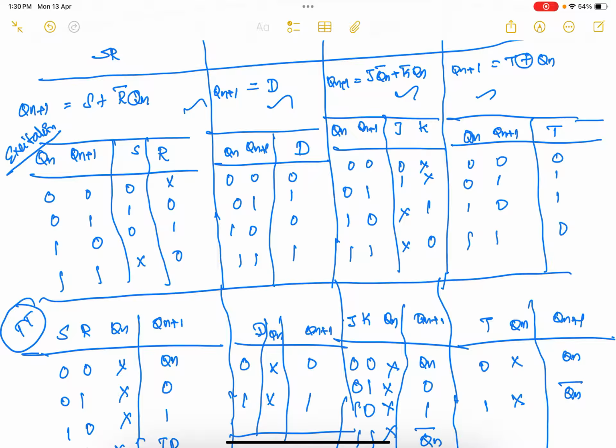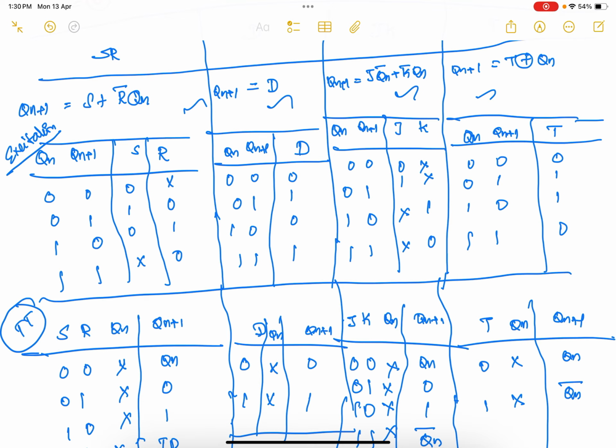And the SR flip-flop is nothing but the extended version of the SR latch, where you are using a clocked SR latch. In the SR latch, if the inputs S and R are connected through a NOT gate, you will get your D flip-flop.